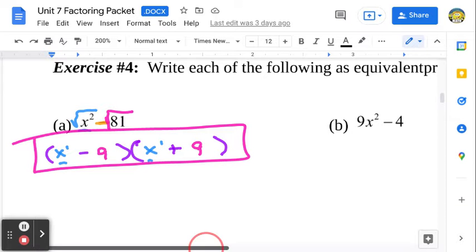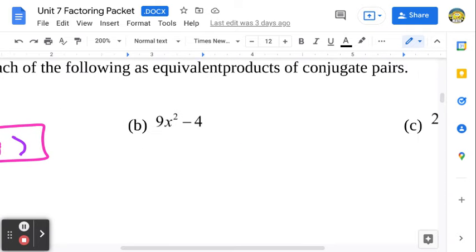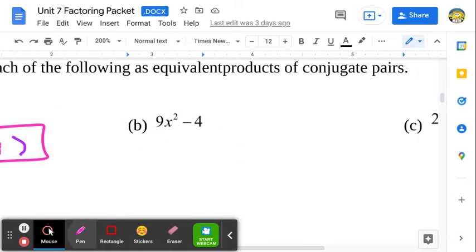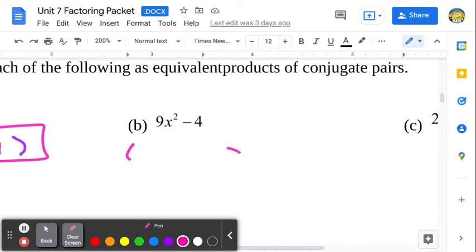We have 9x squared minus 4. So we're going to do our 2 sets of parentheses, plus, minus, and let's square root that first term, square root of 9x squared. So we know the square root of 9 is 3, square root of x squared is x to the 1.